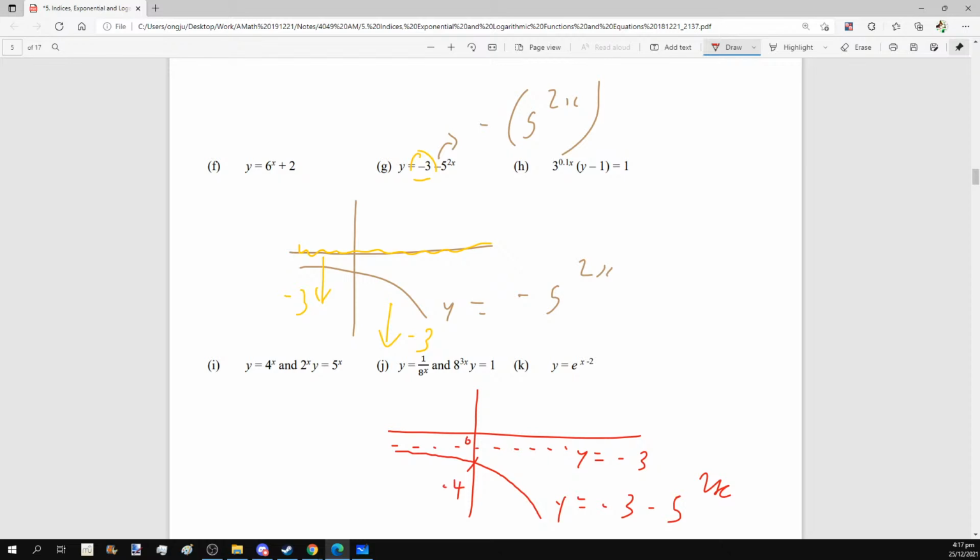Right? So we will have the following. In this case, the negative 4, this y-intercept will, as usual, be obtained from substituting x equals to 0.